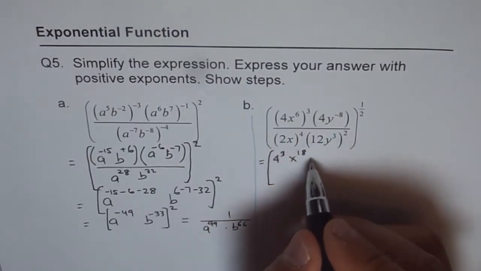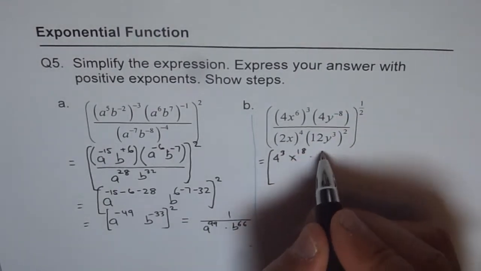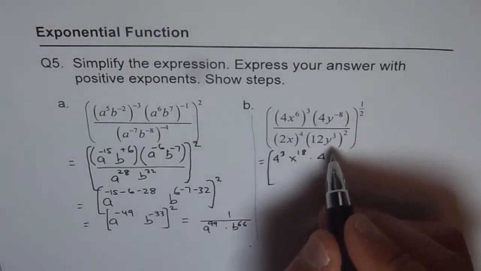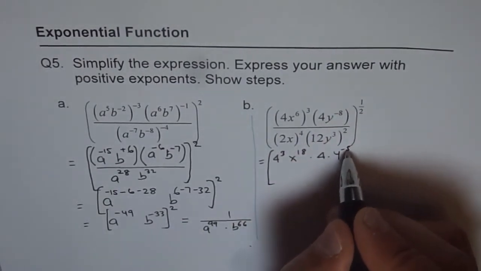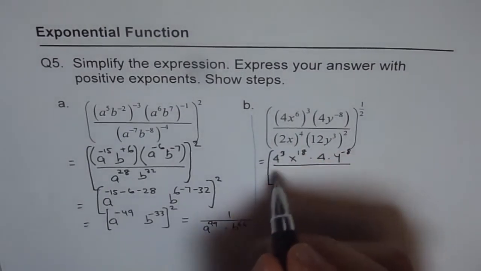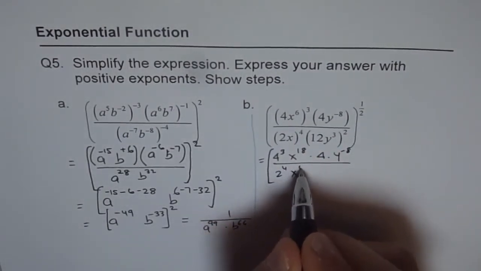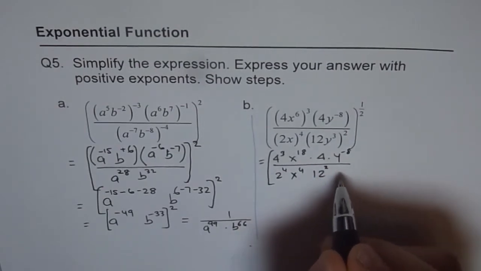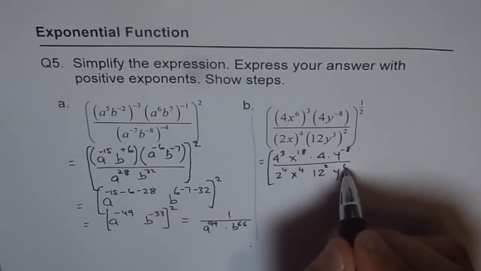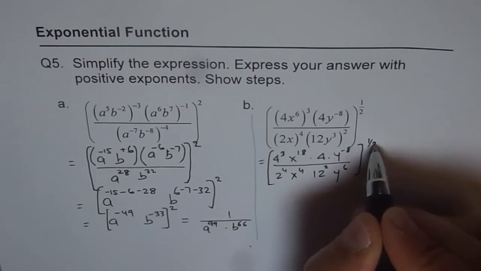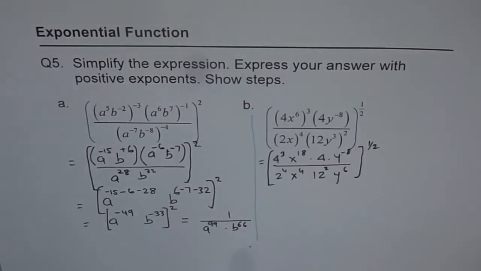So that is the first part, and then we have times 4 and y to the power of minus 8, right? Divided by 2 to the power of 4, x to the power of 4, 12 squared, and y to the power of 6, right? And everything will be to the power of half, that is square root, right?